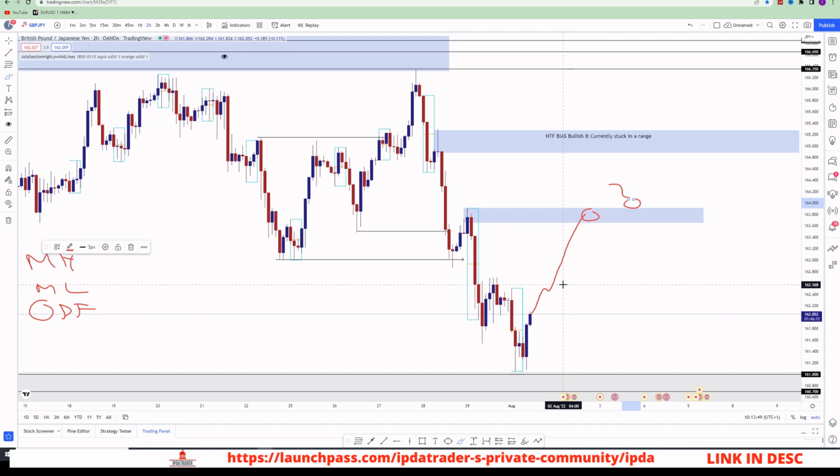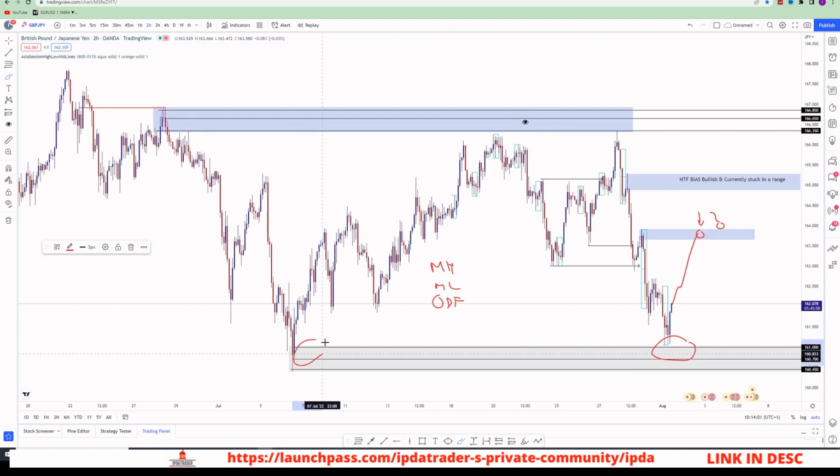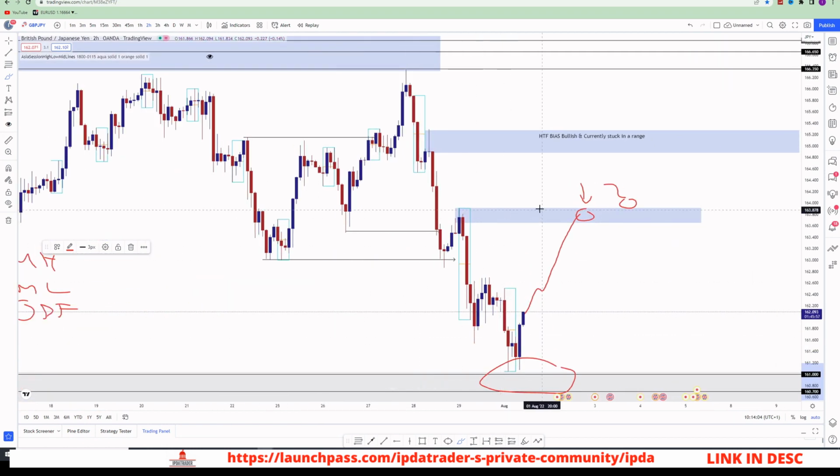It's going to help you a lot because you're going to be able to decipher what it is that you actually want to be looking for at your POIs at the time that price eventually reaches your area, such as this bottom one over here on GJ that I'm currently watching, this potential for shorts.